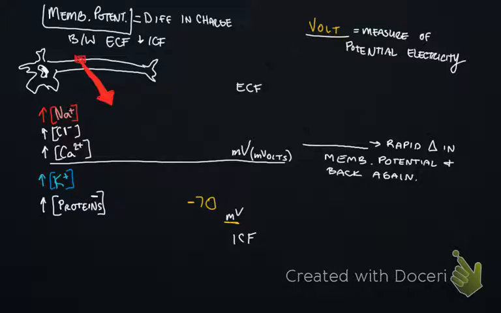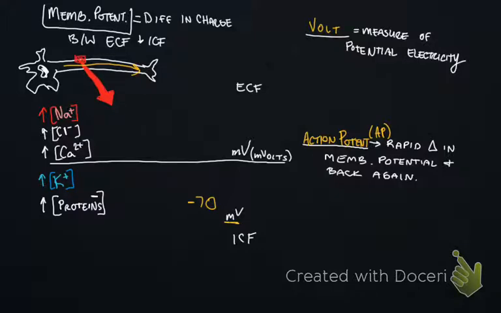So from this, how do we get moving charged particles? Right? Because we want it to move down the axon. And that is in the form of an action potential, or AP. Action potential is the rapid change in membrane potential and then back again.